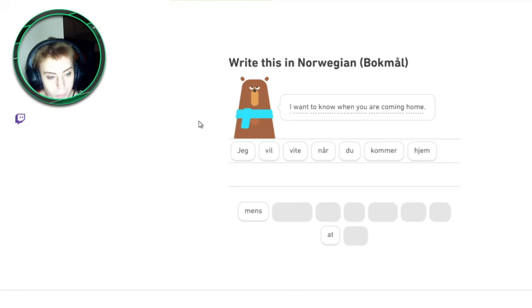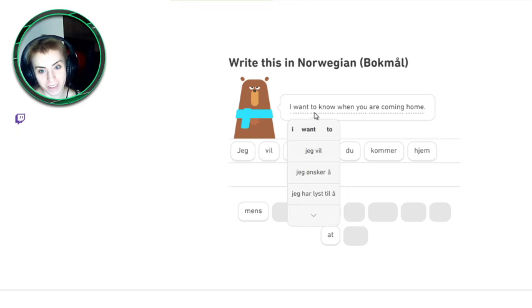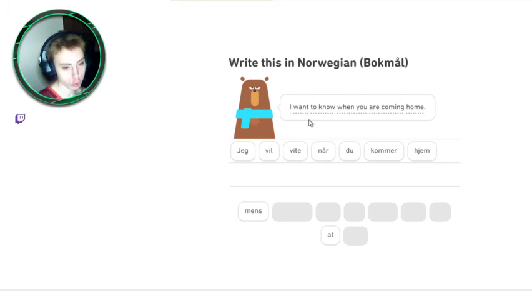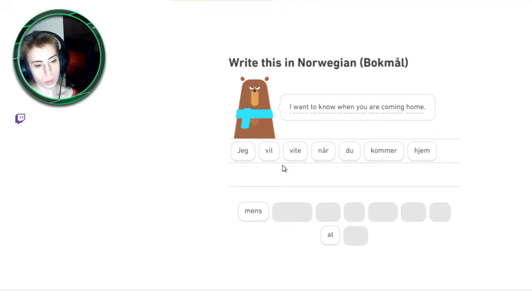Jeg vil vite når du kommer hjem. I first looked at this and thought "to know" was going to be an infinitive form of the verb, but I think "to" is partnered with "want," so vil is "want to." So that's why it's just vite.